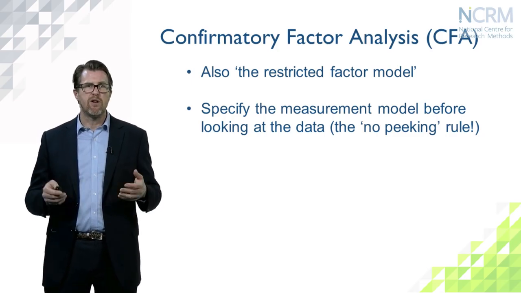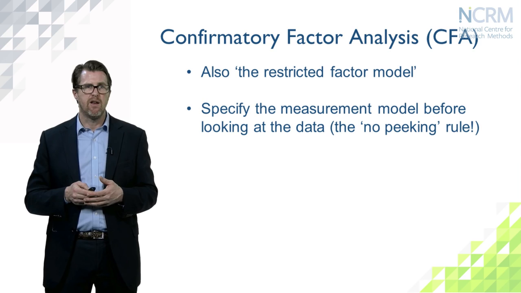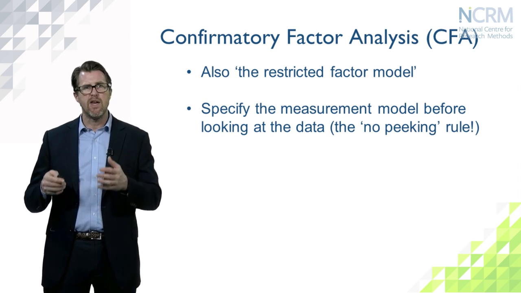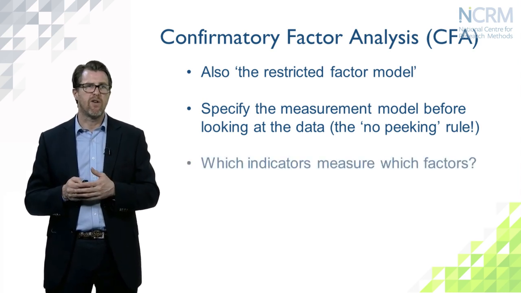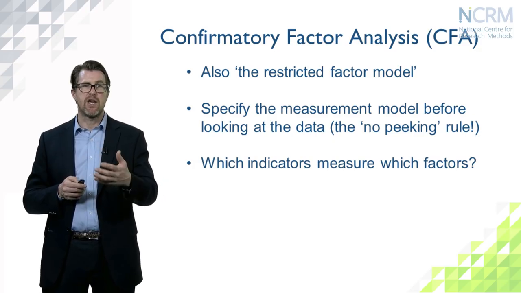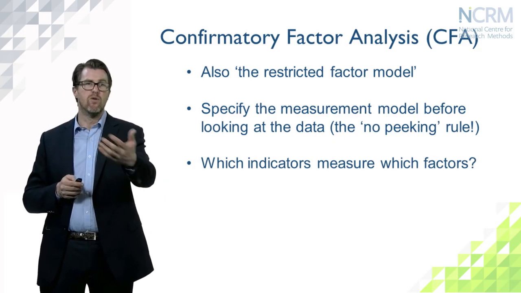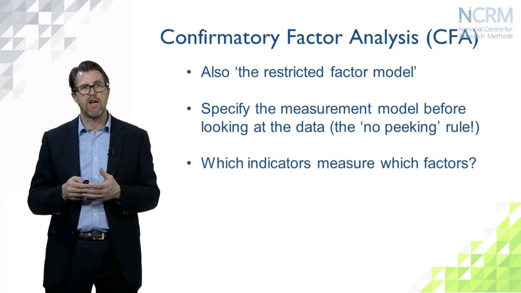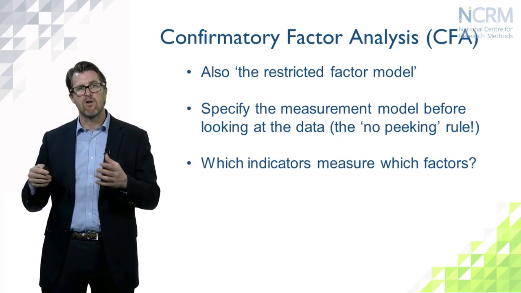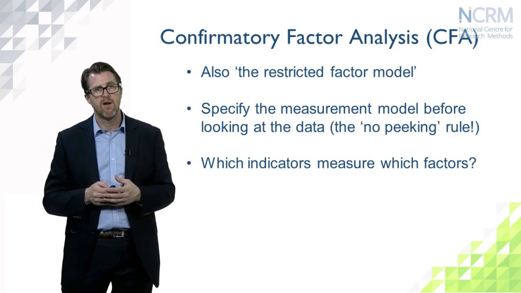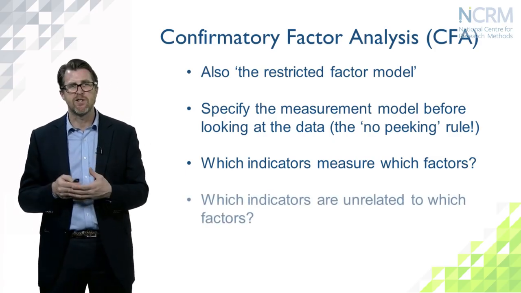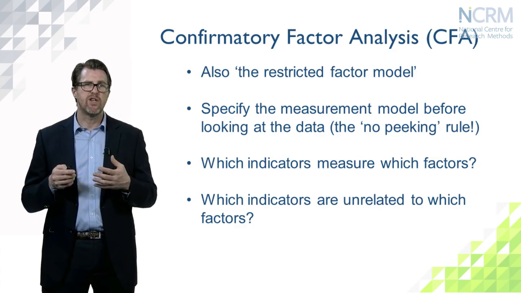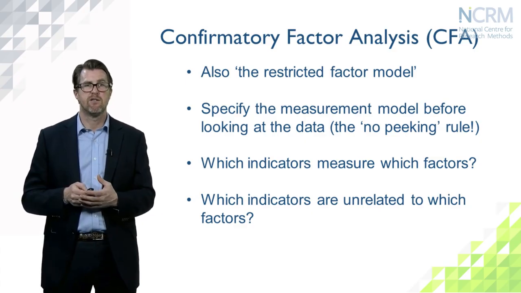So when we do things in this way, in a confirmatory way, the key kinds of questions that we have to answer are which indicators measure or cause which, or are caused by which factors.